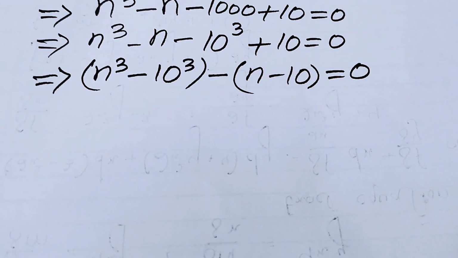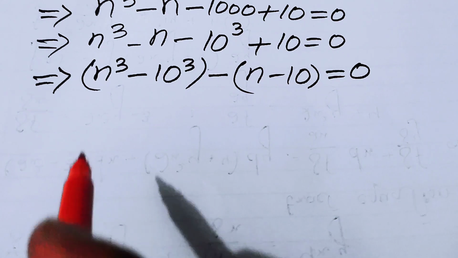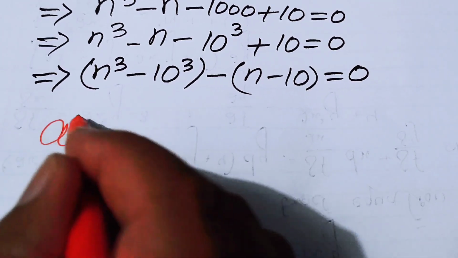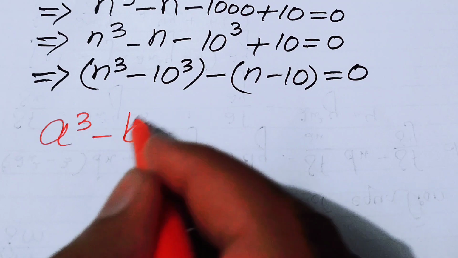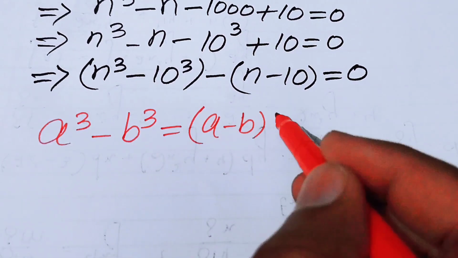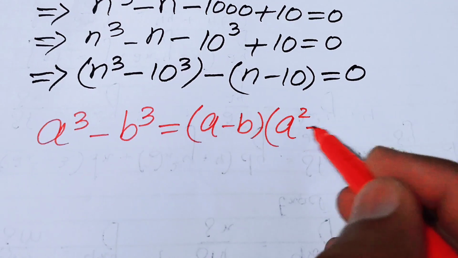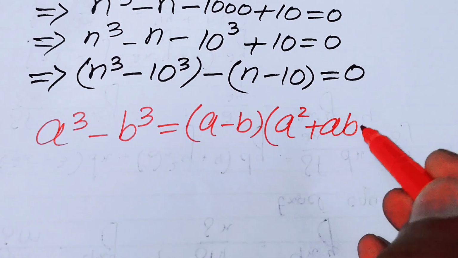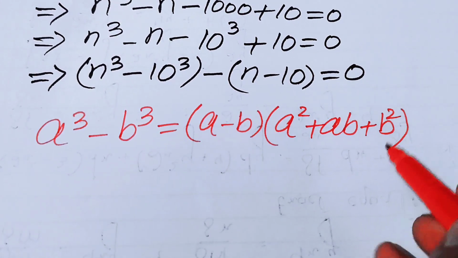After this step we will apply the nice cubic formula, and you know about this cubic formula. If we have a cubed minus b cubed, it is equal to a minus b times a squared plus ab plus b squared.